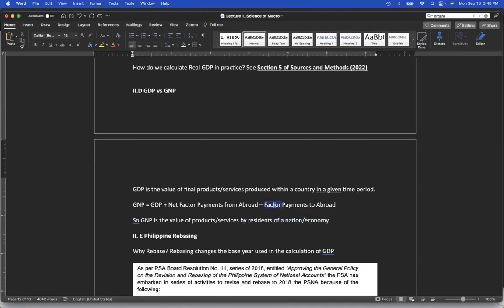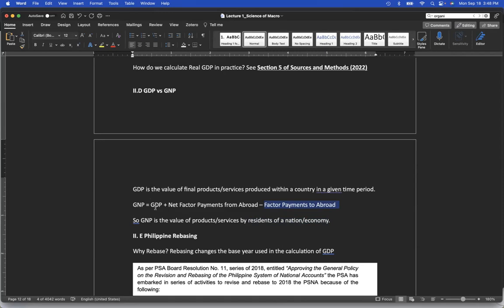So an example: if a Japanese person owns a house in America, you would pay rent to the Japanese person, and you would subtract that rent from here, payments to abroad. So GNP is lower by that amount because the factor payments go to a Japanese person, even though the rental happened in the United States and it would go into GDP, right?